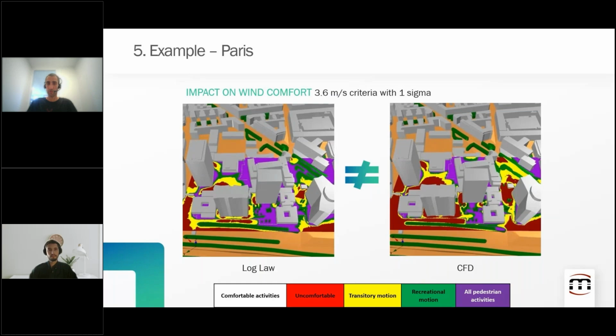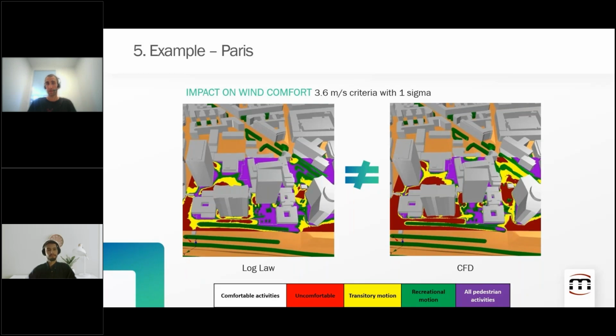And if you move to the left side of the color panel, to red, it is not comfortable. So you see there is a big difference between these two images for the red. You have more red color with the CFD because you have more wind speed.